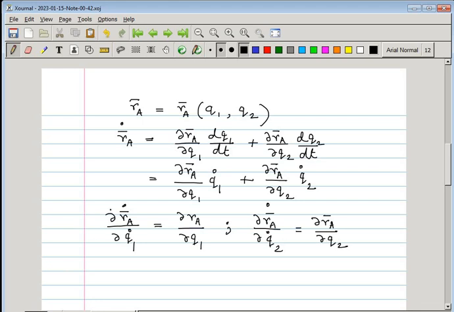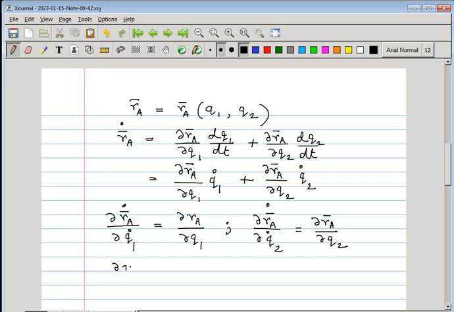So this is actually a great finding, where we see that this del RA dot by del Q1 dot is same as del RA del Q1. Del RA dot del Q2 dot is same as del RA del Q2.